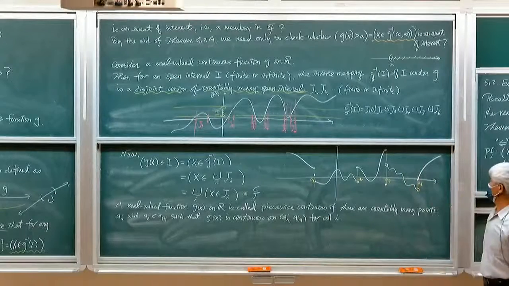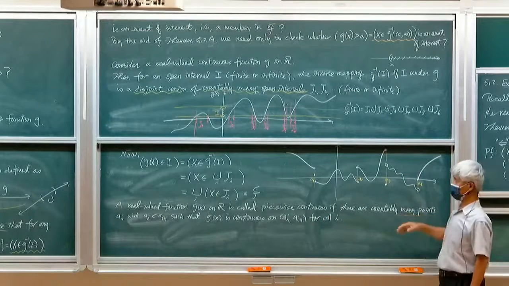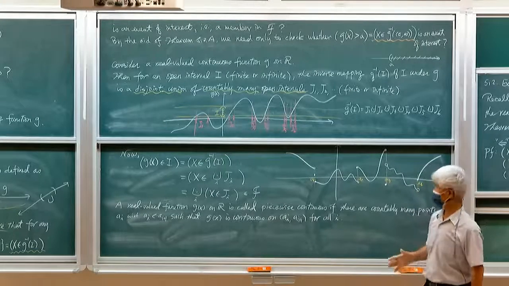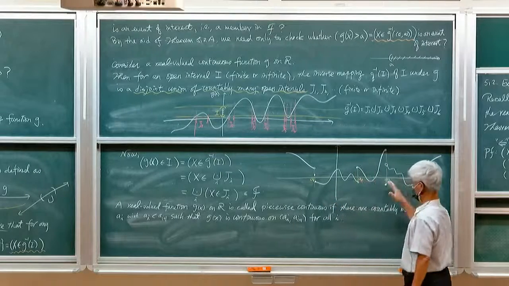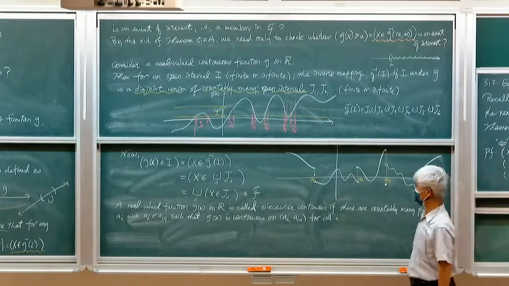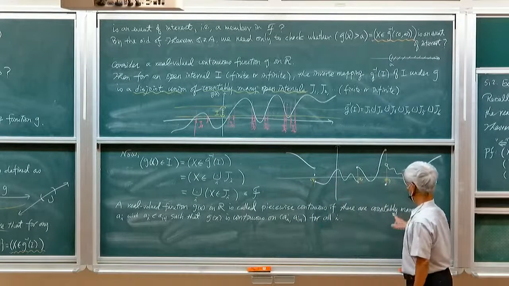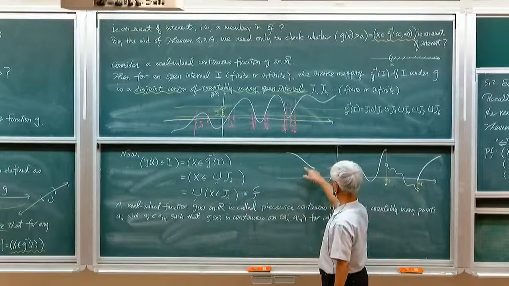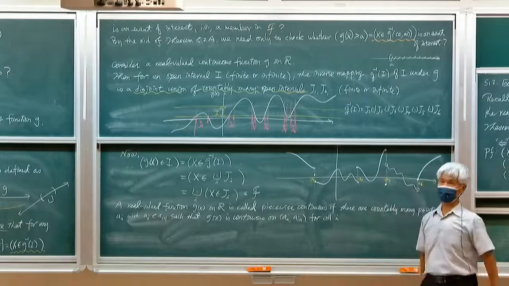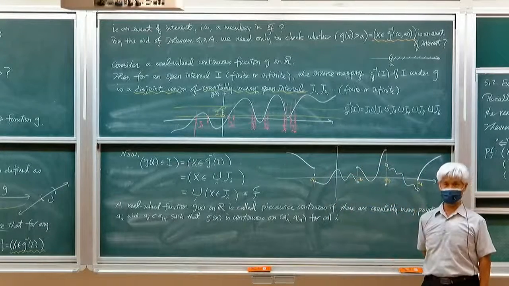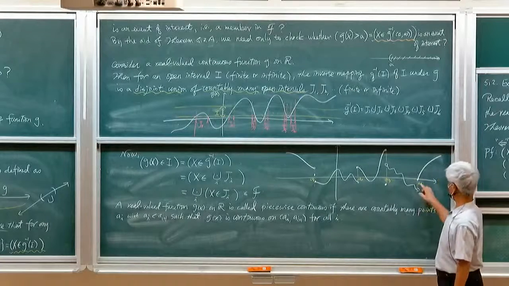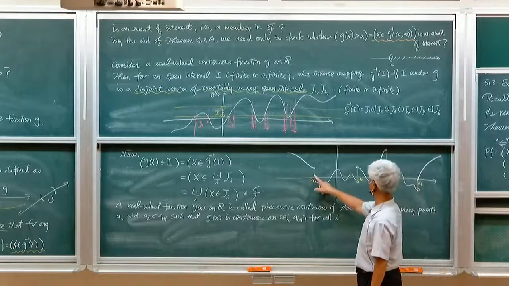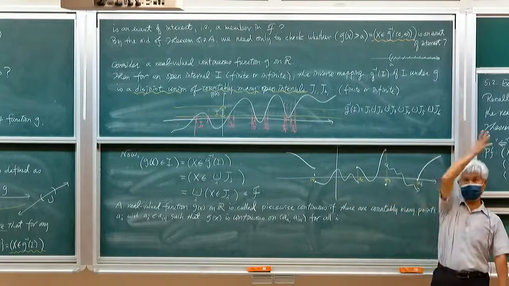I just drew a piecewise continuous function which has 4 points of discontinuity: A1, A2, A3, and A4. Can you see? It's piecewise continuous because in each piece g(x) is continuous. And at the points of discontinuity, the function value can be arbitrarily defined.